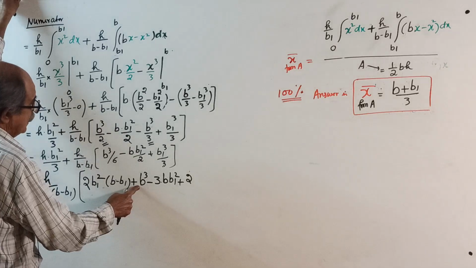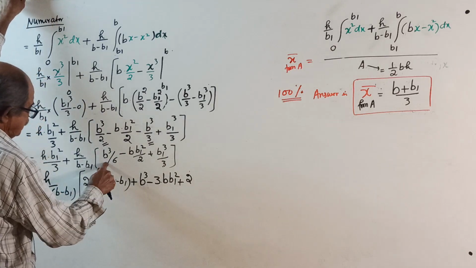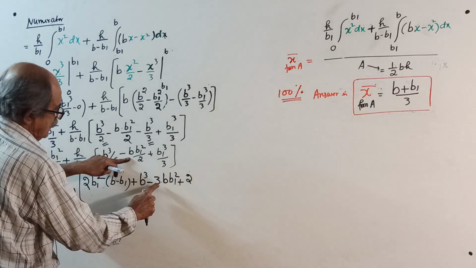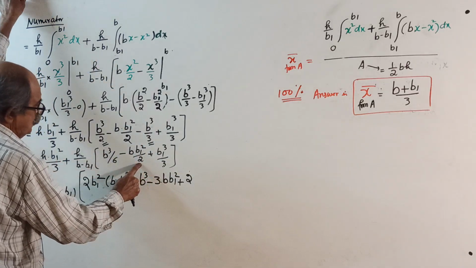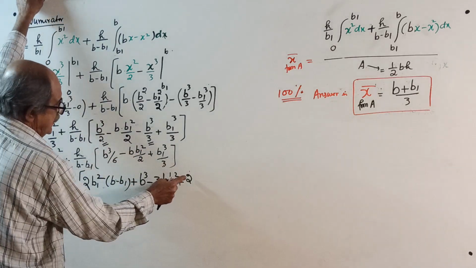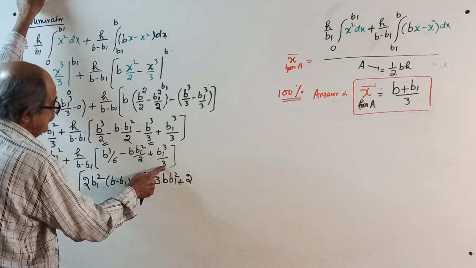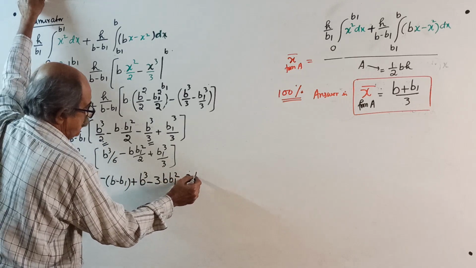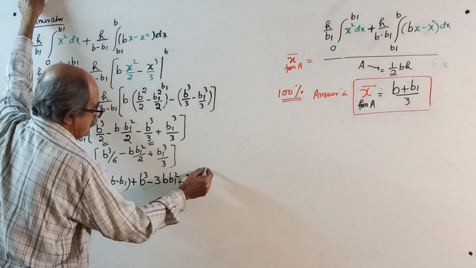No, it is not only b cube. This is correct, this term, b cube over, okay, 6. Here, b1 by 2 is there, means 3. 3, correct. Then here, plus, here 3 is there, so 2, which one? b1 cube. 2 b1 cube.